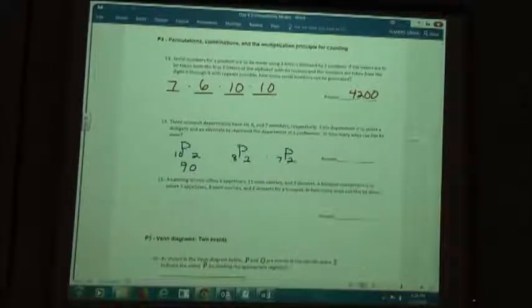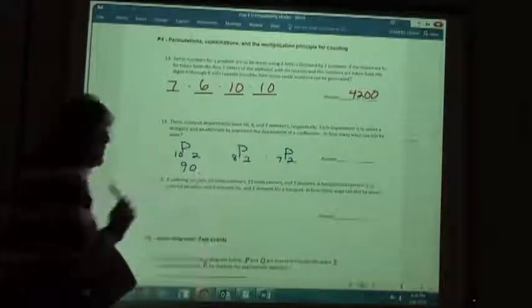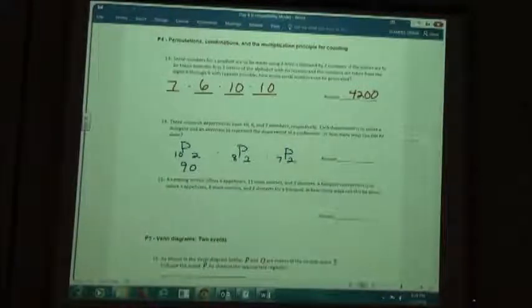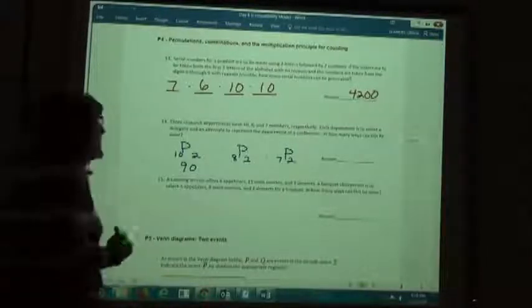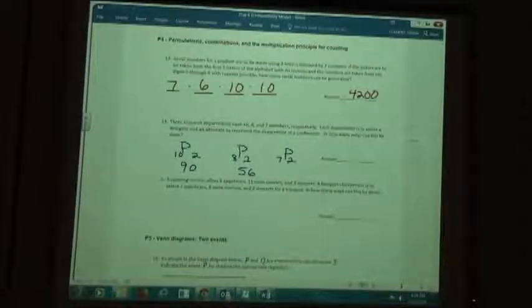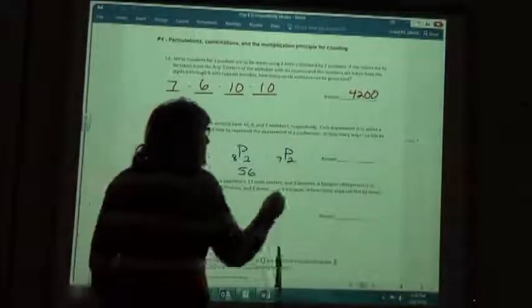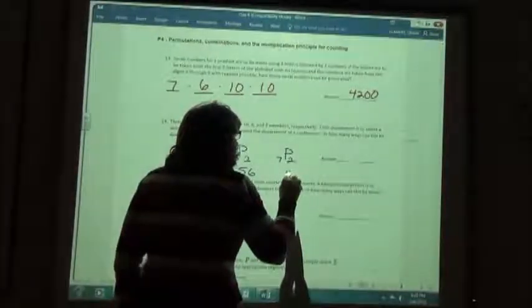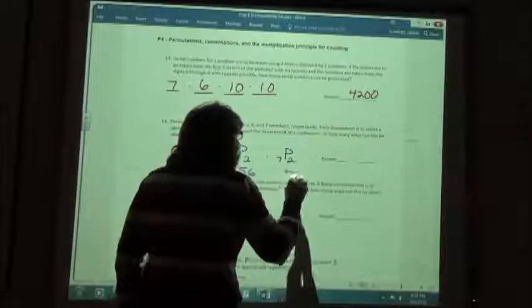The second one, we're doing a permutation of 8 total people. We're going to take 2 out of that 8. 56. The third one, we're going to have 7 people, and again, we're taking 2. 42.